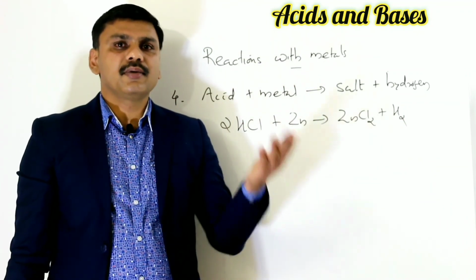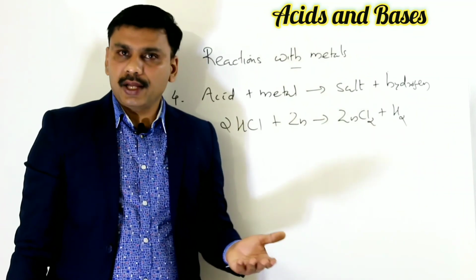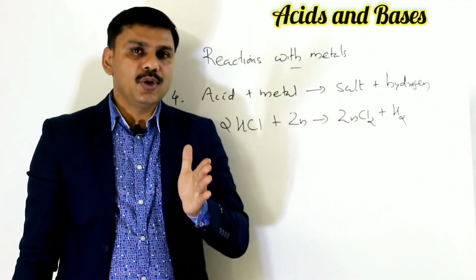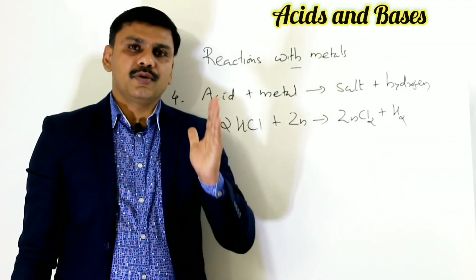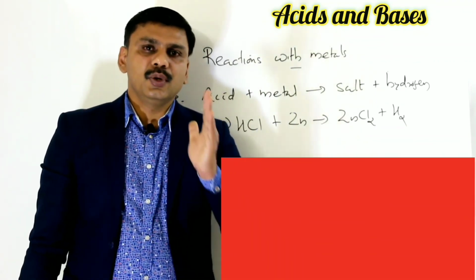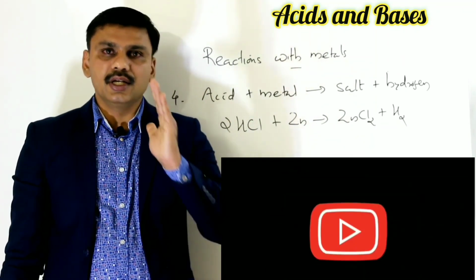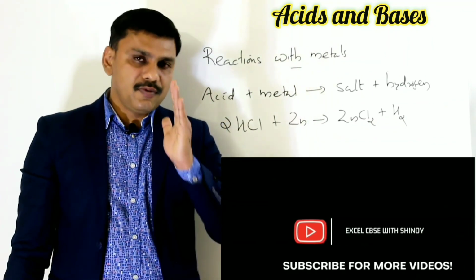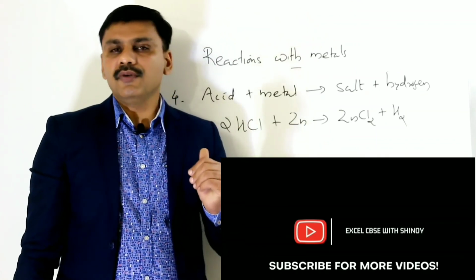Then you can tell what the product is. If you know the general equation, you can identify the given equation and write down the product. This is how to learn this type of question.